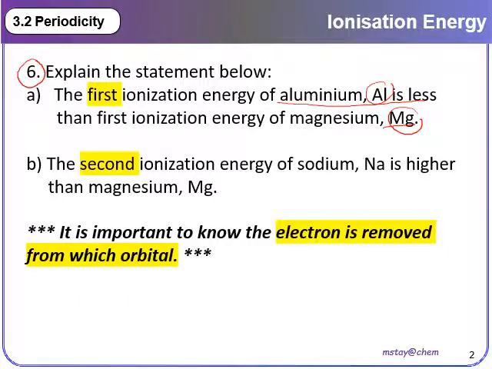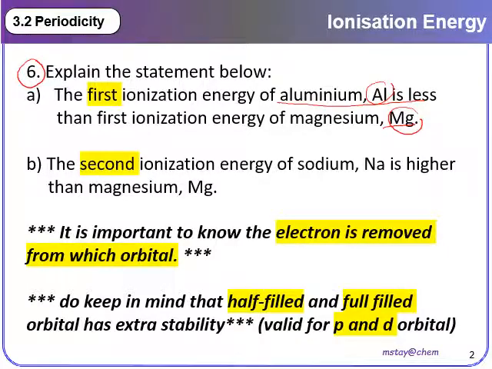That is why I always encourage you to write down the electron configuration. For the anomalous cases, we basically focus on the extra stability, which only happens for p and d orbitals. I believe you already know half-filled and full-filled orbitals have extra stability.